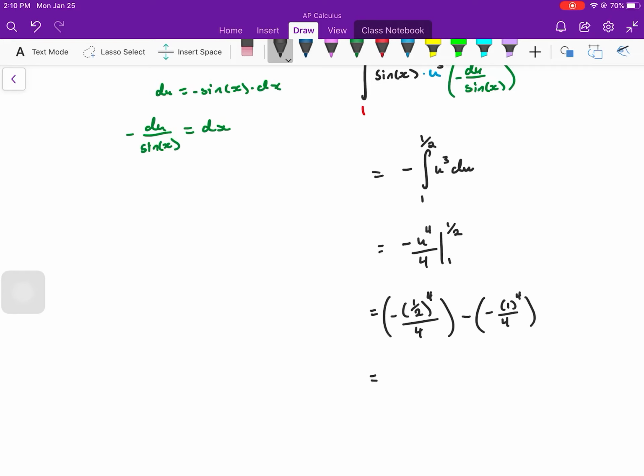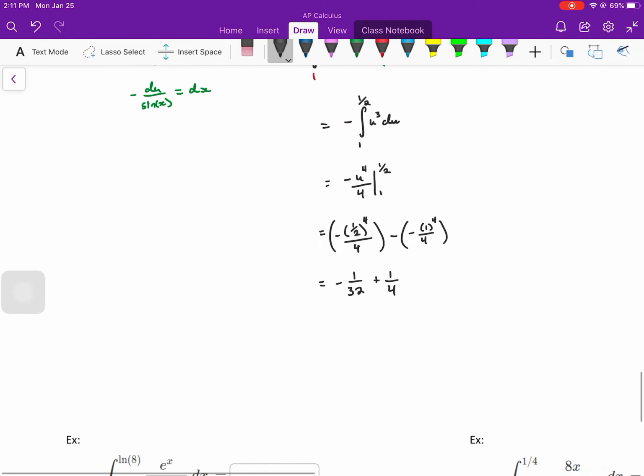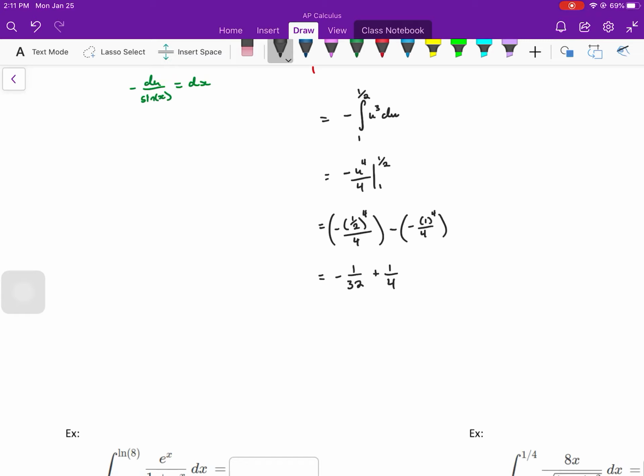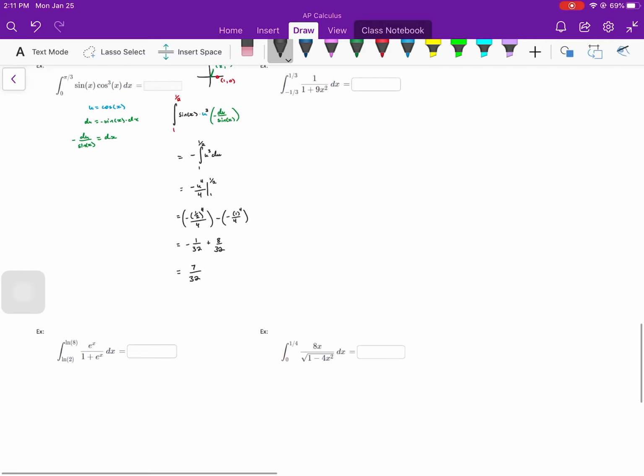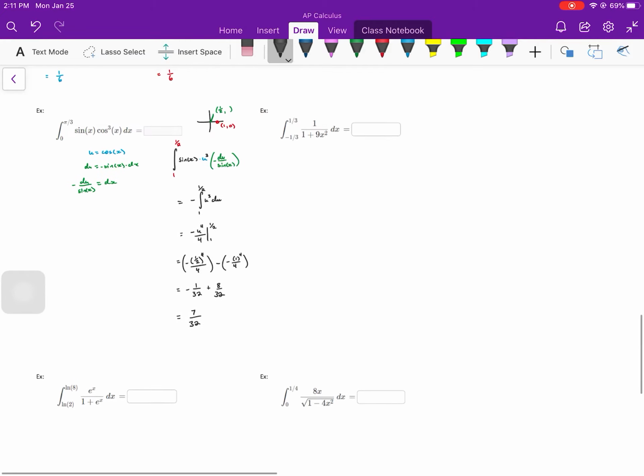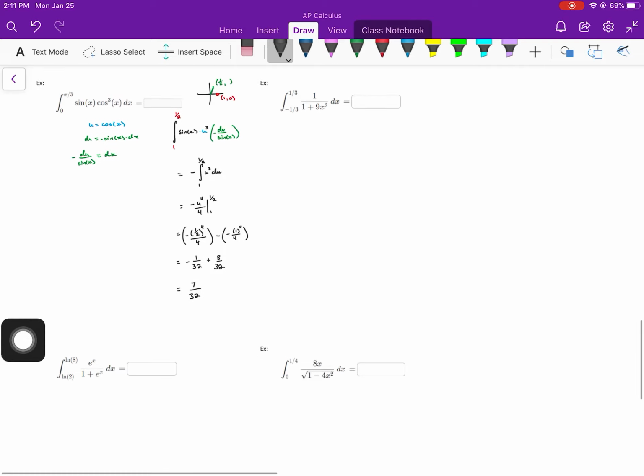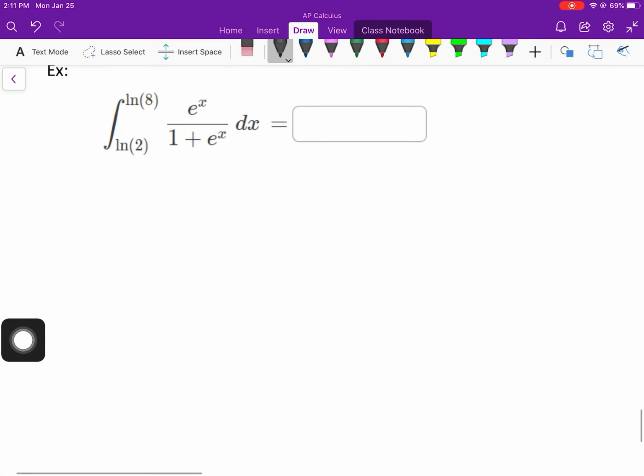So that's going to be 2 to the 4th is 16, times 4 is 32. One to the 4th. Which is really just 8 over 32, because we're going to have to get a common denominator. And there's the answer. So it's not too bad. It actually made things a little bit easier, right? To keep things in terms of u. Don't have to plug it back in with definite integrals only, remember?